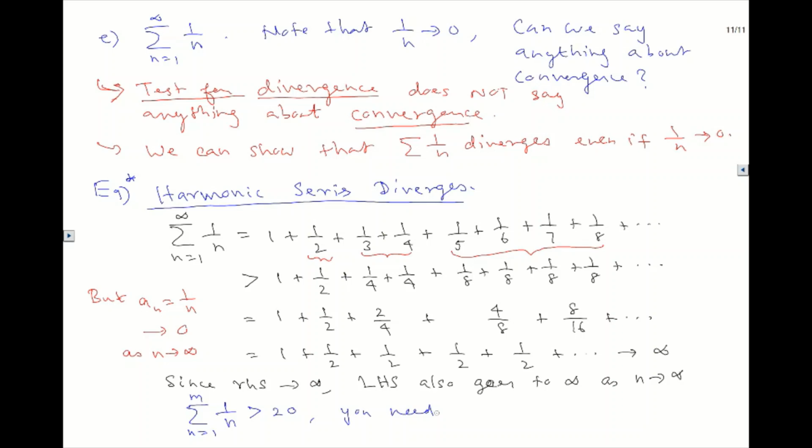How many terms do you guess you need? You need about 178 million terms. So you can see that this converges very, very slowly. Just to get to about 20, you need about 178 million terms. It's not a very fast convergence.